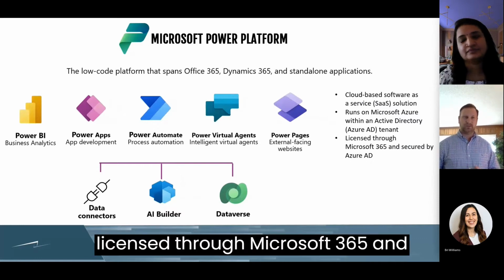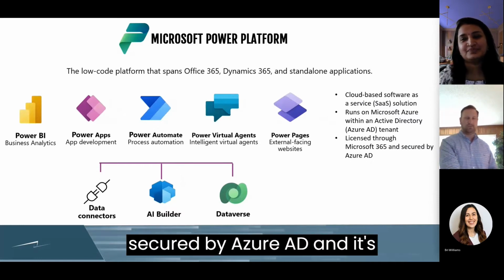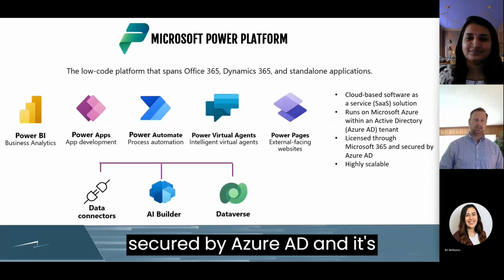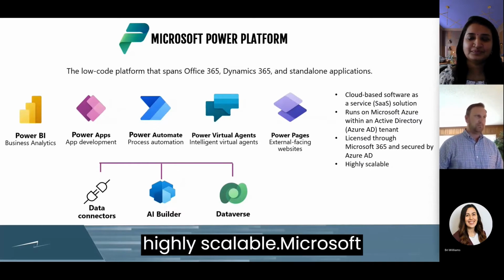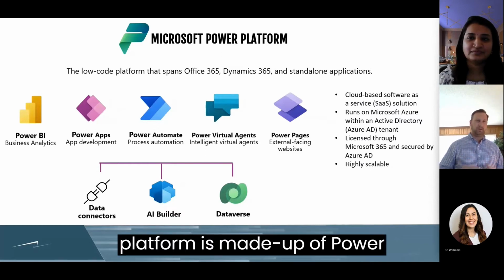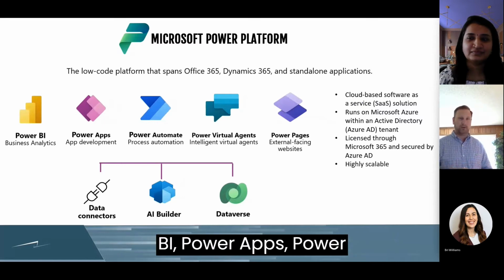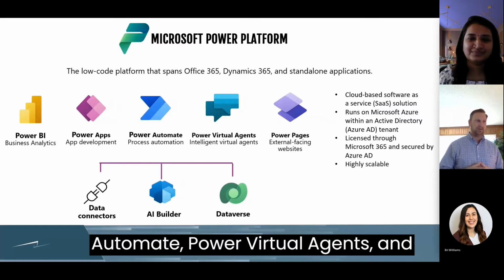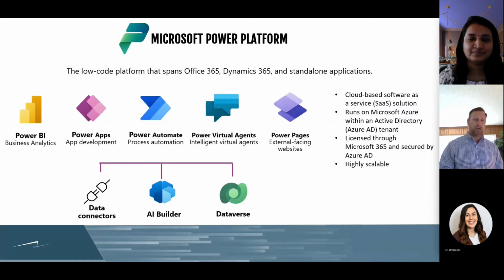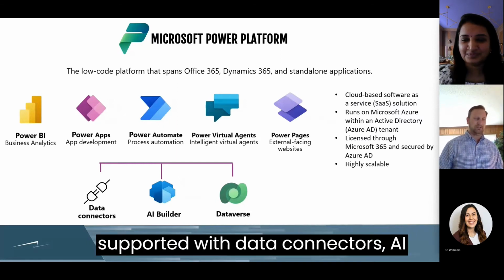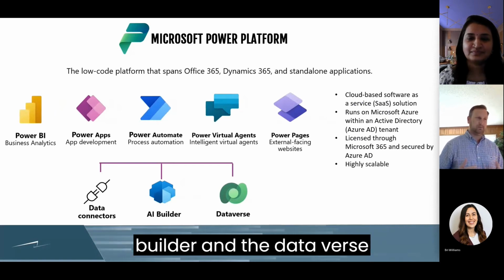It's licensed through Microsoft 365 and secured by Azure AD, and it's highly scalable. The Microsoft Power Platform is made up of Power BI, Power Apps, Power Automate, Power Virtual Agents, and Power Pages, and is supported with data connectors, AI Builder, and the Dataverse.